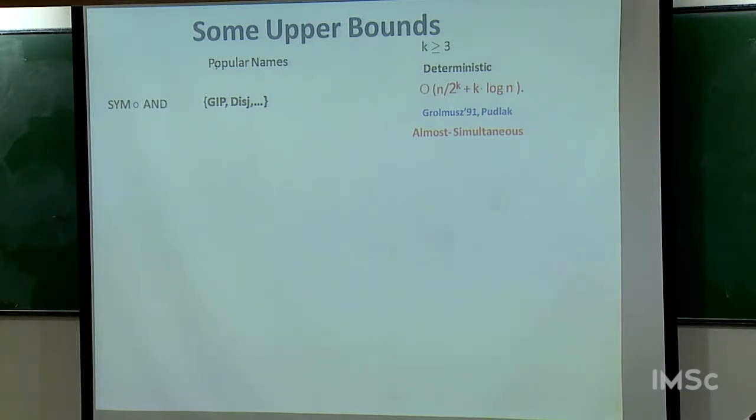But these protocols were known, and the interesting thing is what was not known: these protocols were inherently interactive. There was a very key step in which interaction was needed. So they were almost simultaneous, but not quite simultaneous. And the hope was that if we just focus our attention on simultaneous protocols, maybe these functions still remain hard.